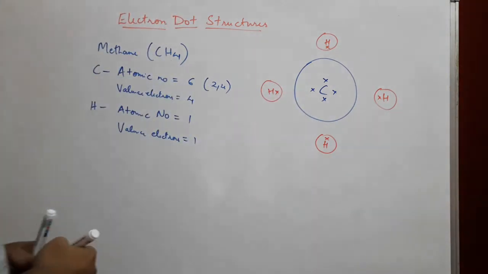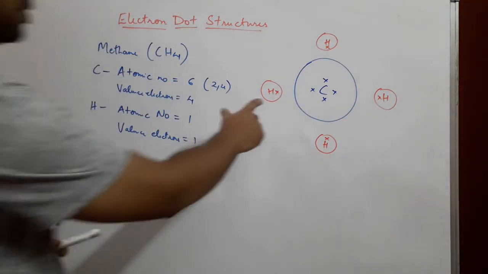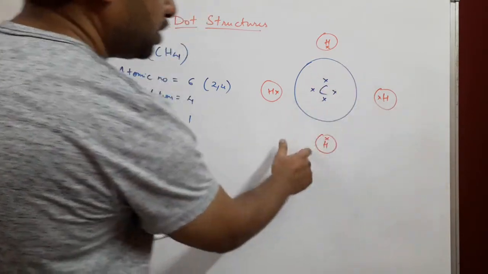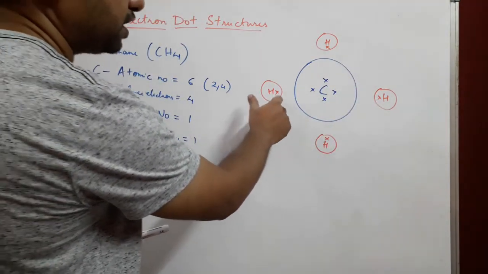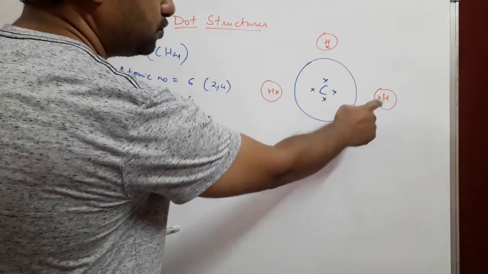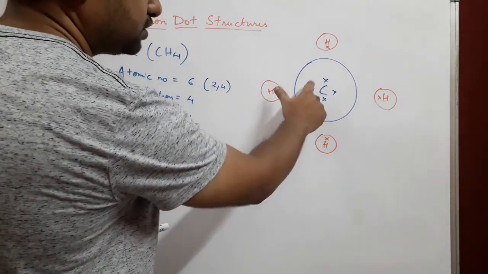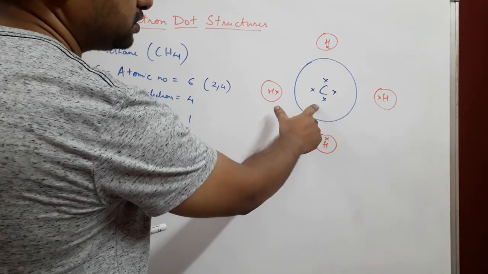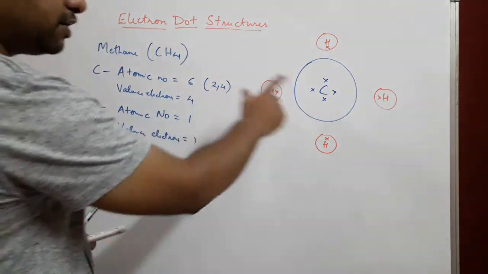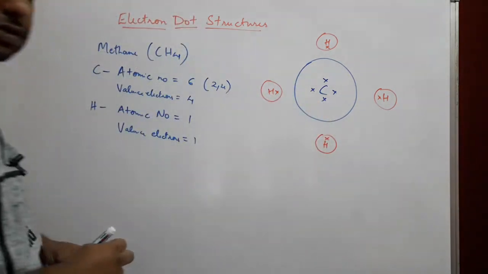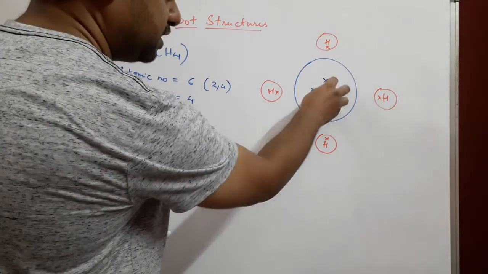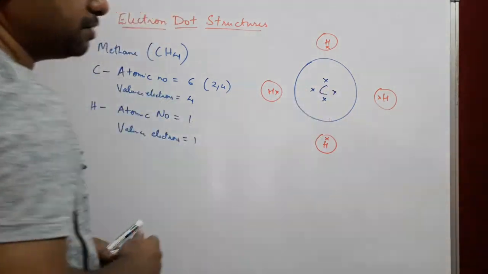Now there are 4 hydrogen atoms, and each requires 1 electron to gain a stable configuration. You have the carbon atom, which has 4 electrons in the outermost shell. It cannot lose these 4 electrons because it will become unstable; they are tightly held by the nucleus of the carbon atom.